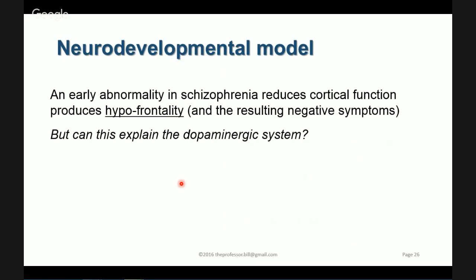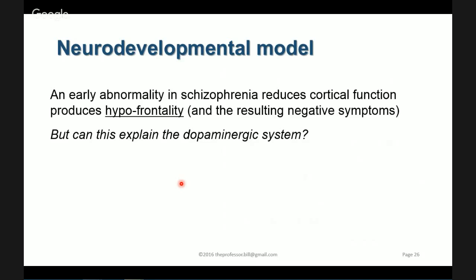So because of the way in which this looks like it's occurring, that hypofrontality, the lack of frontal engagement, so the lack of activity in the frontal lobes, one of the things that we think happens is there has to be some sort of abnormality that hits this first. And I'll give you the rationale for why the frontal cortex has to be hit first.